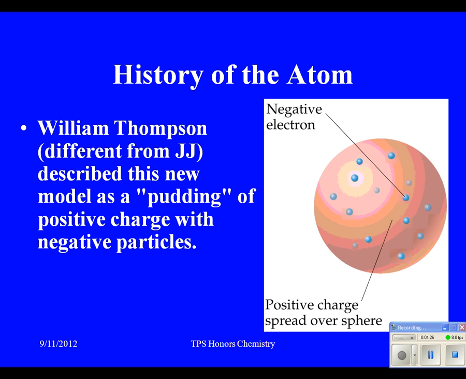When he was reading about J.J. Thomson's model, he said that it sounded to him a lot like plum pudding. Well, that name stuck. And so this is referred to as the plum pudding model of the atom. So you can imagine these negatively charged particles embedded in a sphere of positive charge. And so this was the plum pudding model, which existed around the late 1800s.